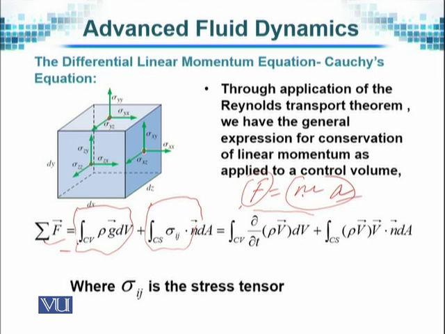Of course, we have not considered here forces like the magnetic forces and so on, but these are the two main that we come across in the real flow field in most cases. And on the right hand side is the flow field, the velocity and the acceleration in the control volume and control surface.